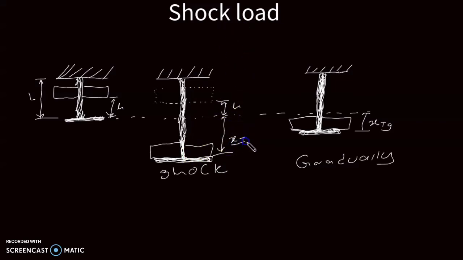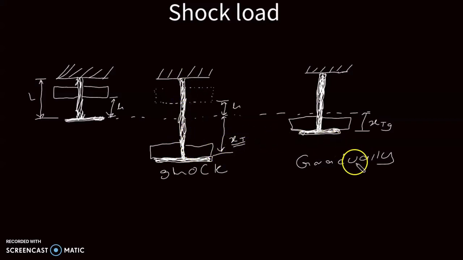Therefore, the shock load will cause this effect, which is the total change in length. H is the distance through which the object falls before it comes into contact with the rod. Remember, as it comes into contact with the rod, because it was falling, it will cause shock load, meaning a force that is greater than its actual weight.